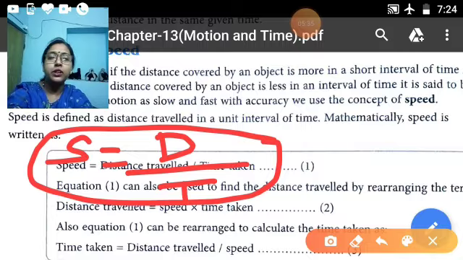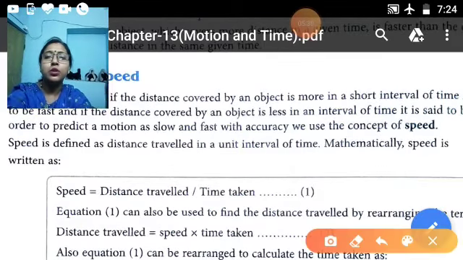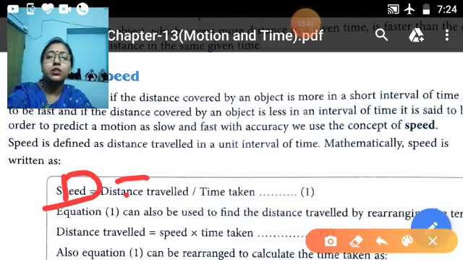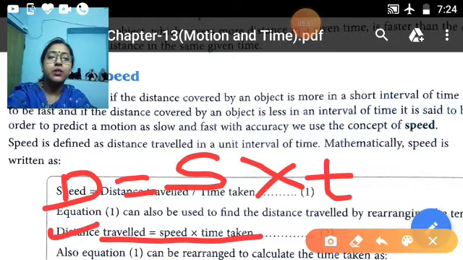But if we have to interchange and find something else, then what will we do? We will write D is equal to speed S into time taken. This will be for the distance. Here it is written: D is equal to speed into time.